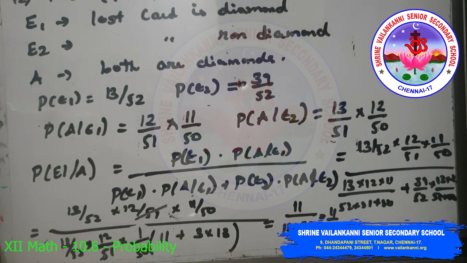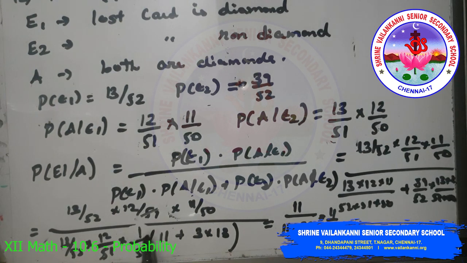So 13 by 52 into 12 by 51 into 11 by 50 whole by 13 by 52 into 12 by 51 into 1 by 50 of 11 plus 3 into 13. So cancelling these two, 11 by 50 by 11 plus 3 into 13, that is 11 plus 39 by 50. Cancelling these two, we get 11 by 50, which is our required probability.